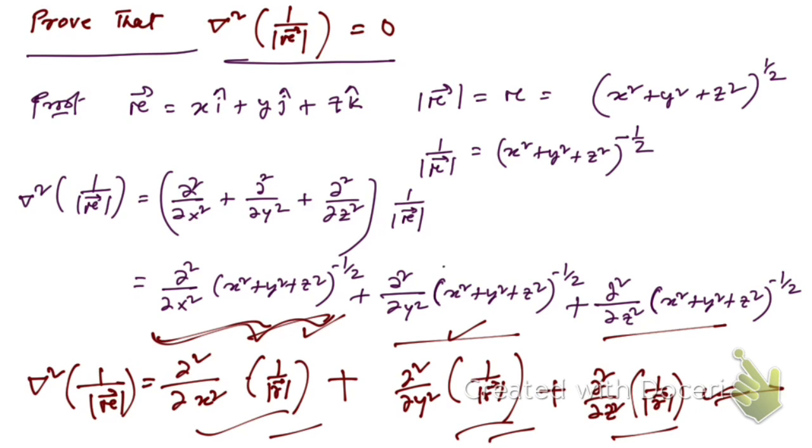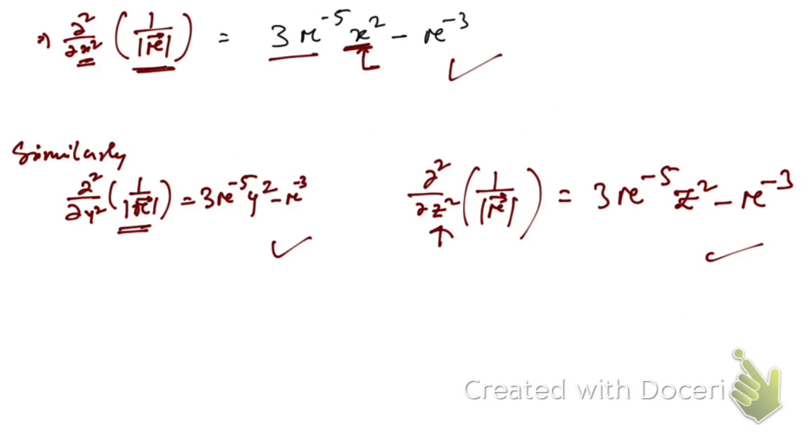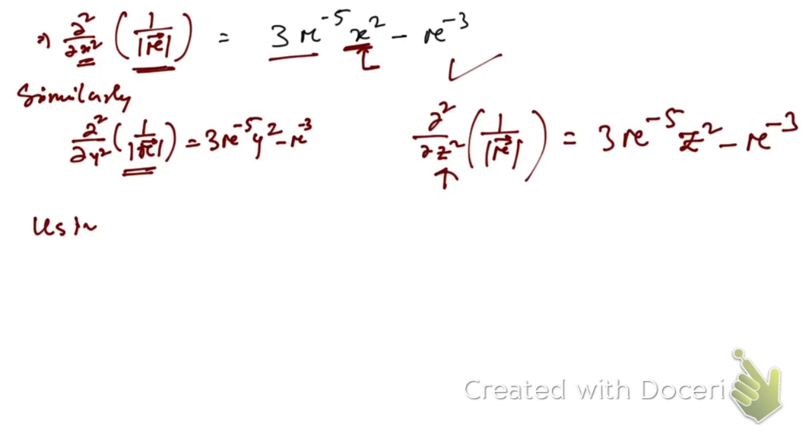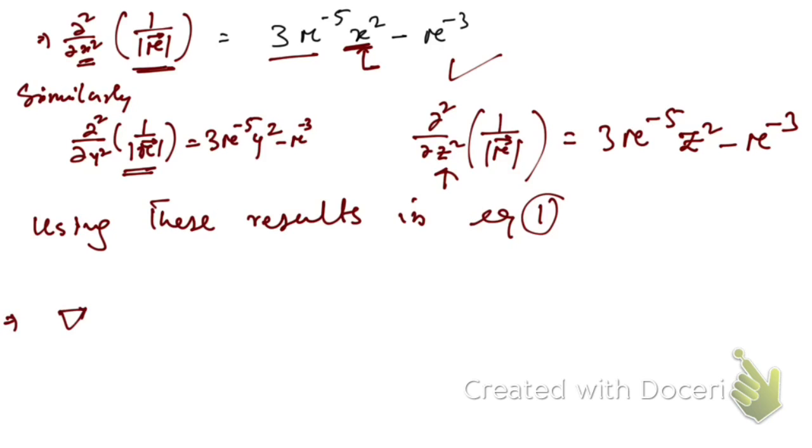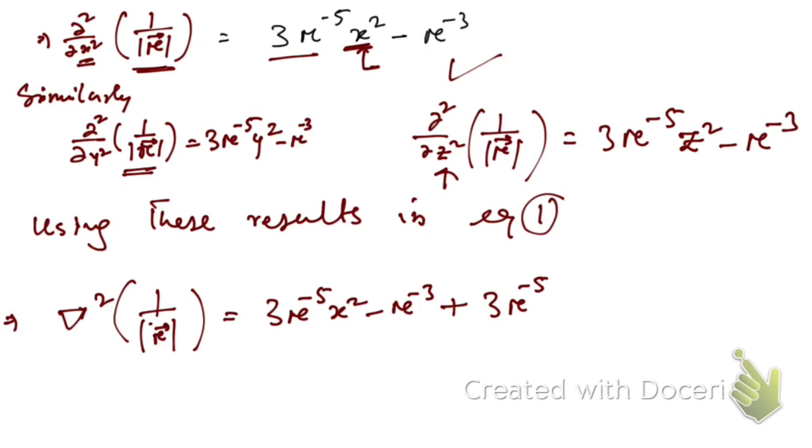So let me take this as equation number 1. Now if we use these three results in equation number 1, what we're going to have is del square of 1 by mod of r equal to 3r to the power minus 5 x square minus r to the power minus 3, plus 3r to the power minus 5 y square minus r to the power minus 3, and plus 3r to the power minus 5 z square minus r to the power minus 3.